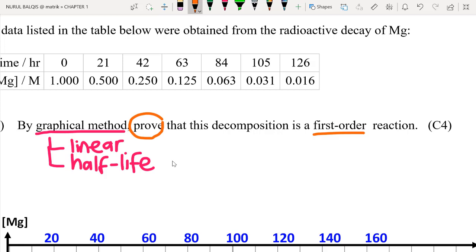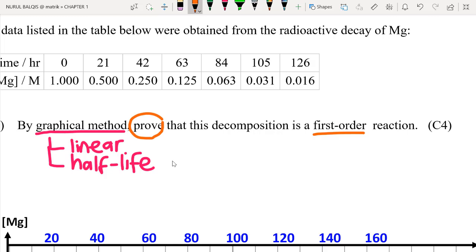So we are going to have concentration against time, but what kind of concentration do we have? If we have zero order reactions, we just have concentration on the y-axis. If we have first order reactions, we need to modify it into ln concentration. And as for second order reactions, we know that our y-axis would be 1 over concentration.